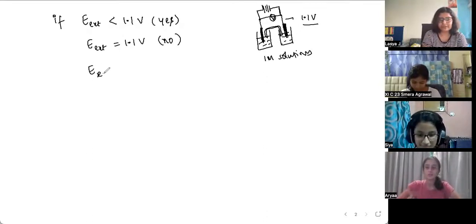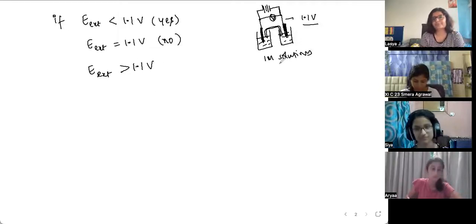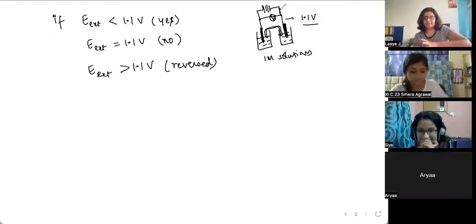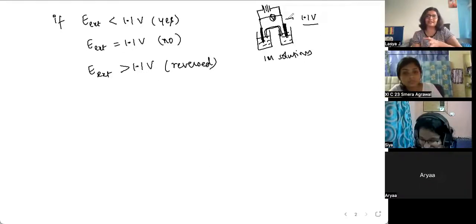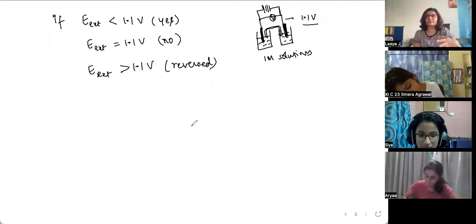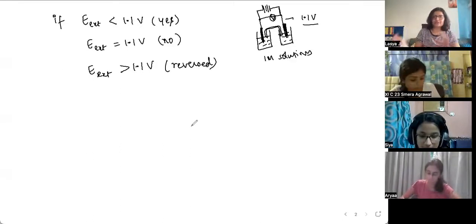But when the external voltage is greater than 1.1 volts, then the reaction will be reversed, because you're giving a lot of electrons to zinc in the opposite direction. So it goes in the opposite direction.